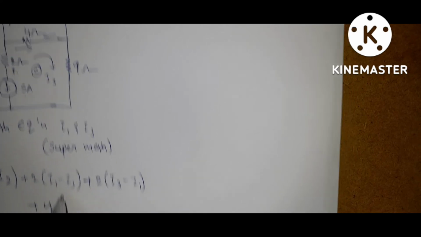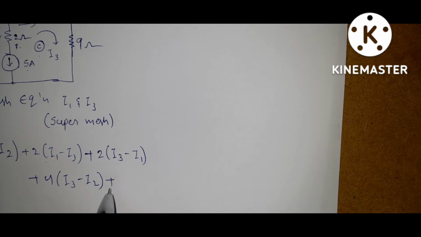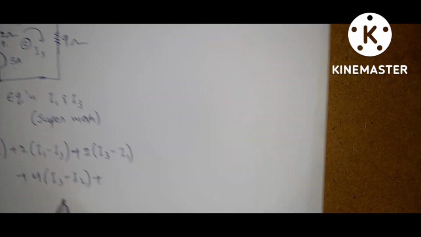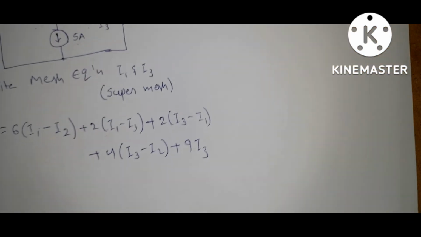So plus 4 into I3 minus I2, plus here there is a 9 ohm, so current is coming downwards, so only 9 I3.